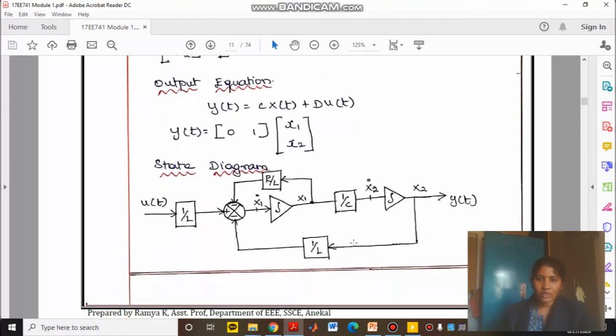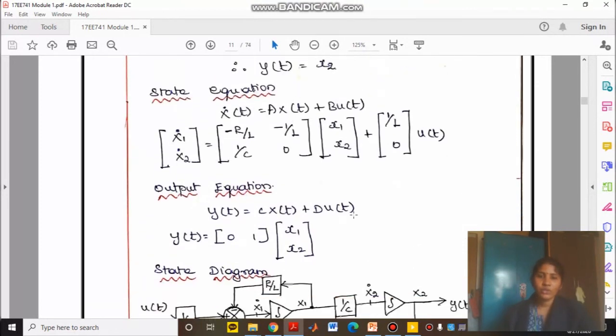Take x2 as a reference, multiply it with 1 by L, and you will get x2 into 1 by L. Since you have a negative sign, in the summation point you give minus. So x1 dot is equal to 1 by L into u minus r by L into x1 minus 1 by L into x2. That will be your x1 dot.